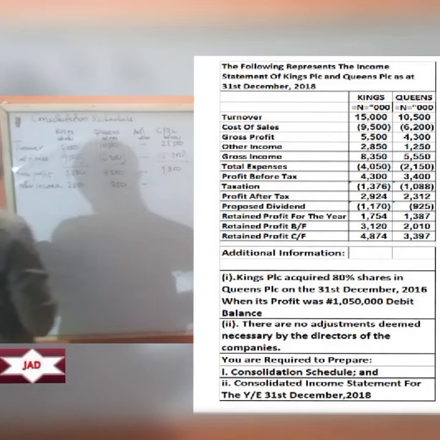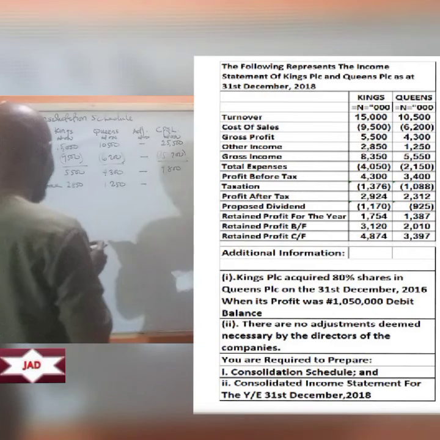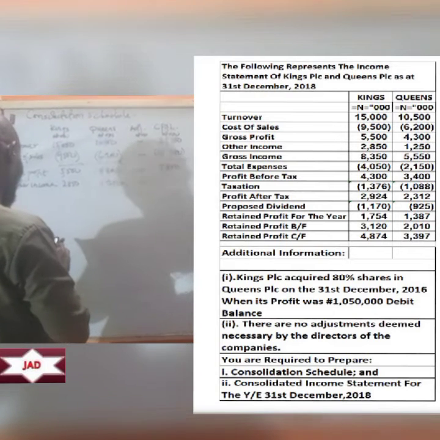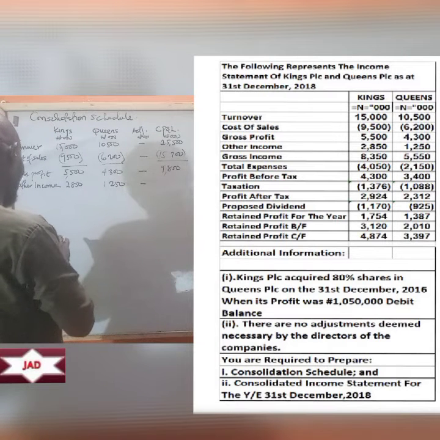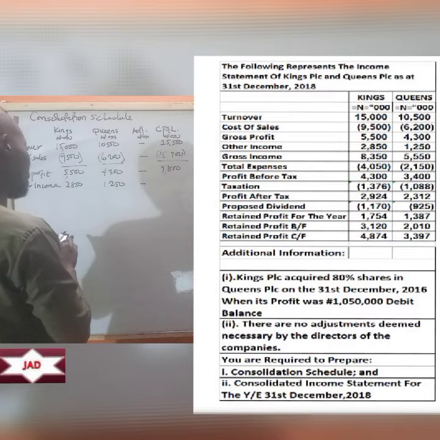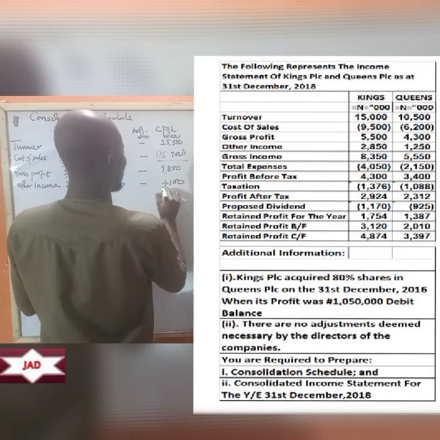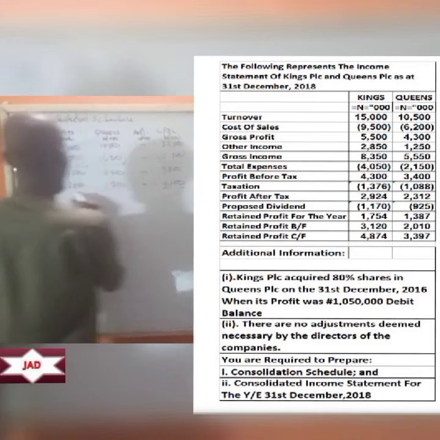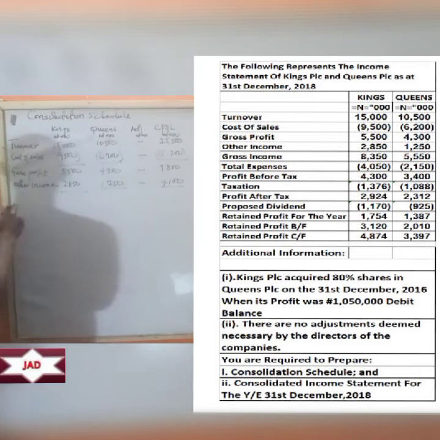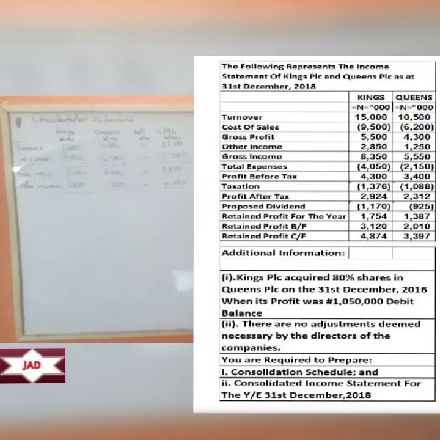So this plus this, 2,850 plus 1,250. This is 4,100. So this is, I can call it operating profit or gross income.